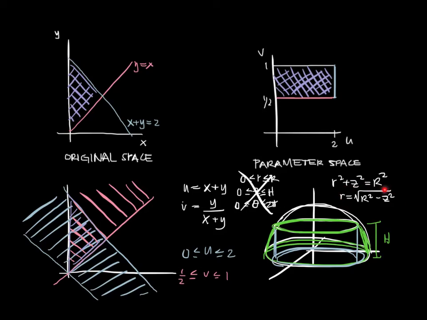And so this inequality, the fact that we can say this about r, has taken into account that this boundary changes depending on z. So we don't need to accommodate that again twice when we then compute the bounds for z. For z, we can just say, okay, z is going from 0 to h now, and theta is going from 0 to 2 pi.